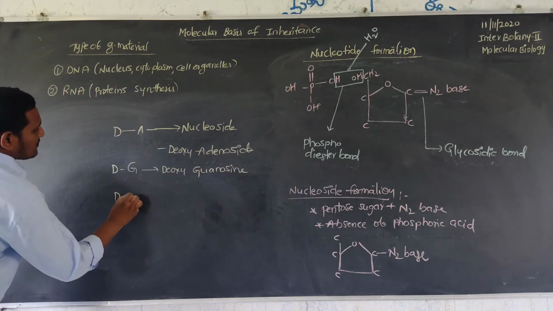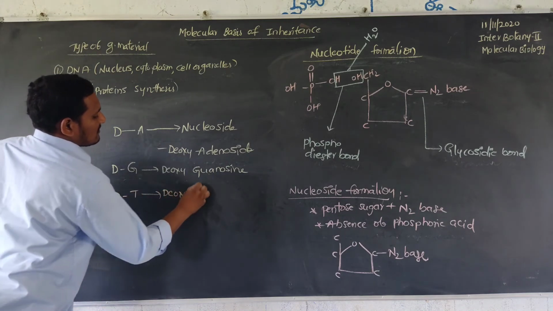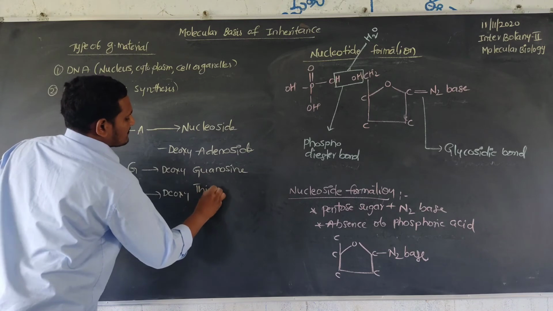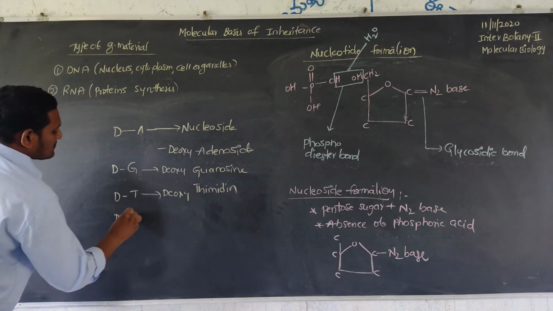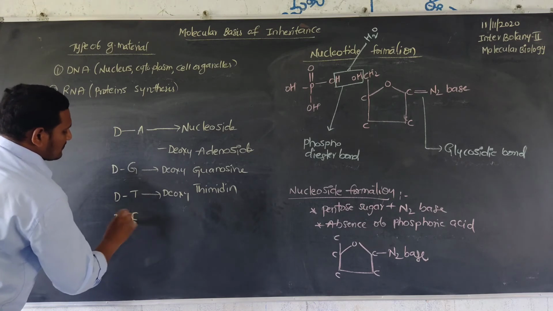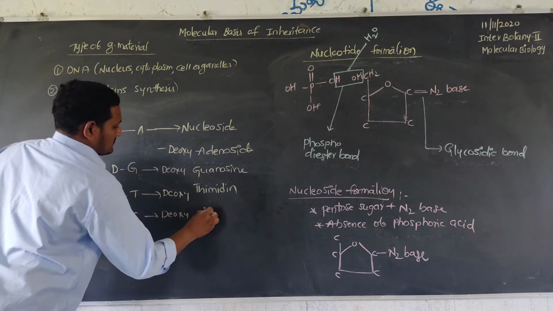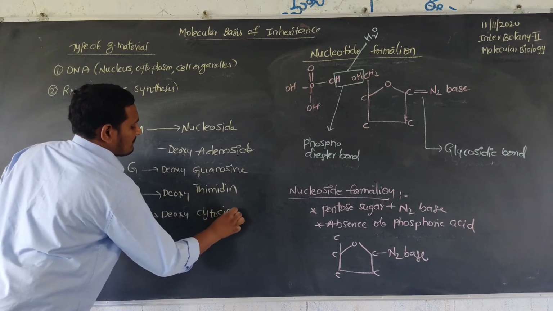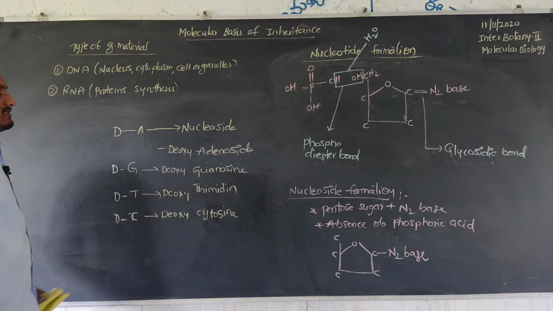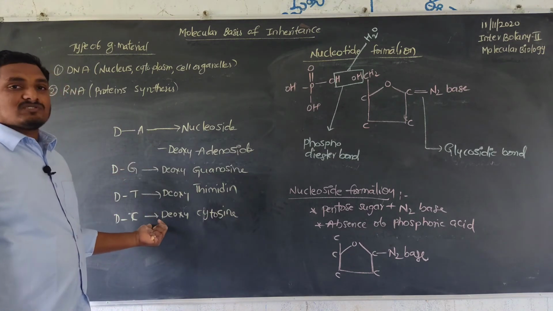Next, deoxyribose sugar attached with thymine is deoxythymidine. Deoxyribose sugar attached to cytosine is deoxycytidine.